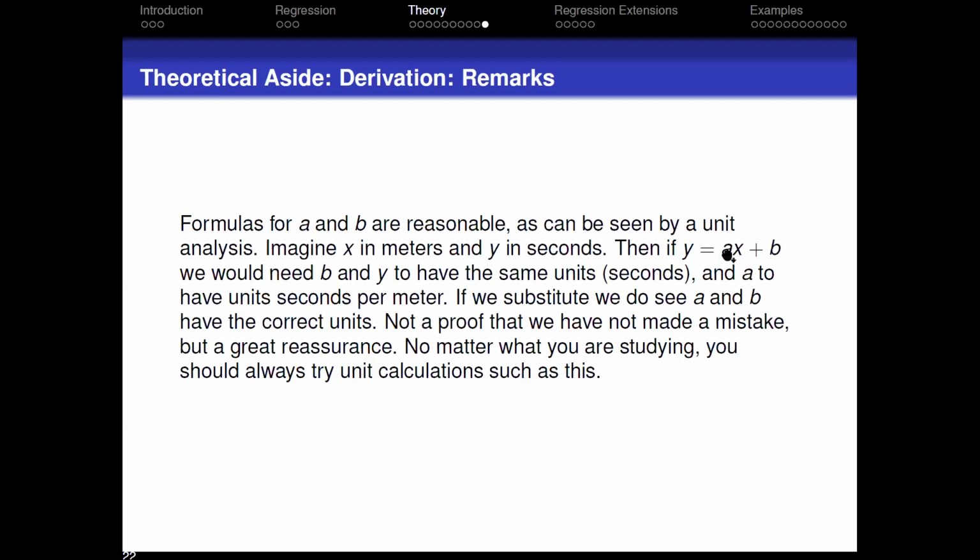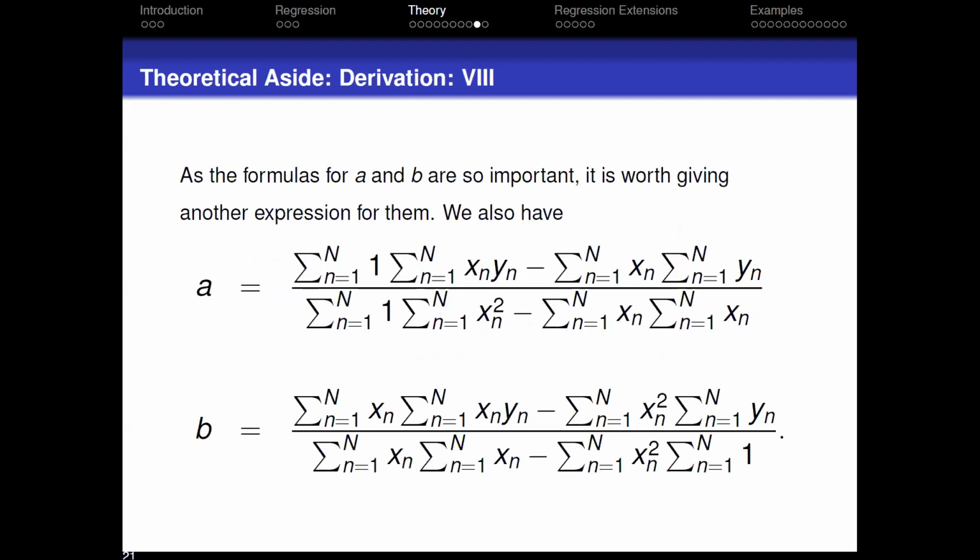If x is in meters, what are the units of a? It's got to be seconds per meter. And so you can then go through and see, well, if I put in x in meters and y in seconds, this will give me meters seconds, and this will be meters squared down here. Yes, a is going to have units of seconds per meter. And it's really nice when you can do a quick dimensional analysis check like this to see that your answer is reasonable.